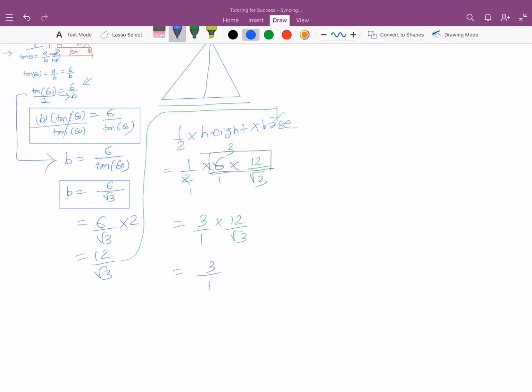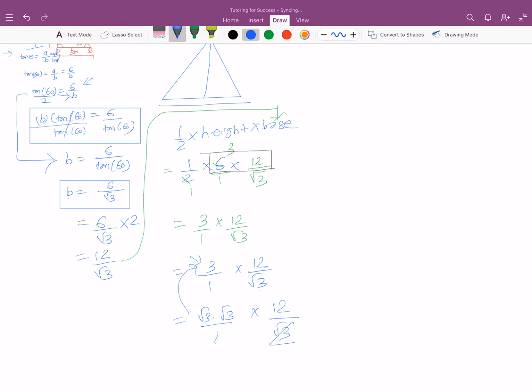So if you have this format, you easily see this radical 3 in the denominator. This 3 can also be written as radical 3 times radical 3, right? If you multiply radical 3 times radical 3, you will get back to 3. So I'm not doing anything, I didn't change anything, I just changed the way it looked because there was a radical 3 here.